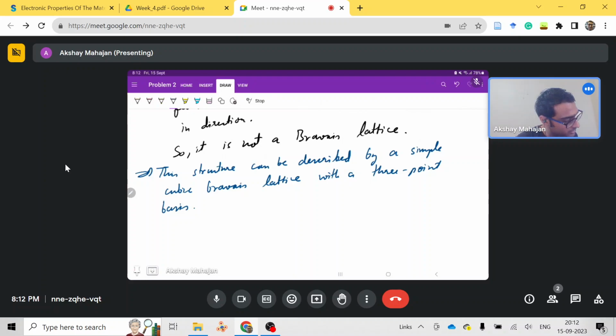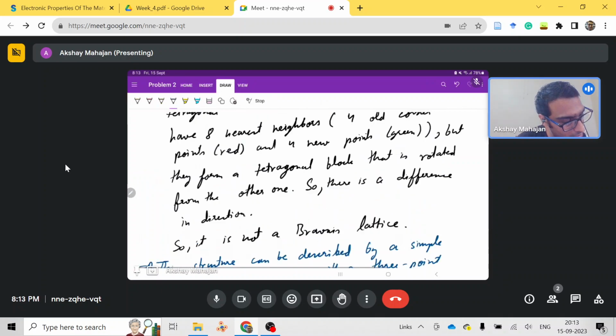The 3-point basis will be d1 vector equals 0, d2 vector equals a by 2 (x cap plus y cap). Okay, so the question was this only.